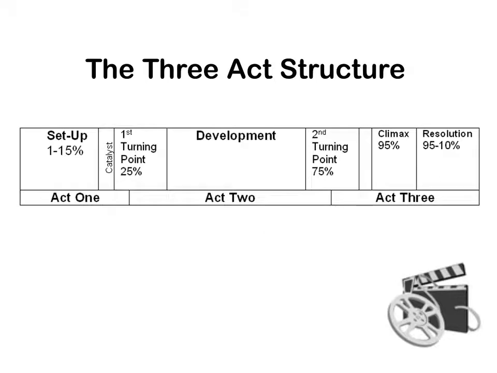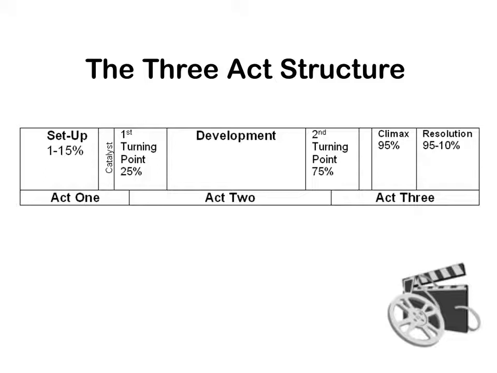Here we have a diagram which will help us understand narrative structure. Here we will introduce the three-act structure. As you can see here, we have Act 1, Act 2, and Act 3. In Act 1, we have the setup, the catalyst, and the beginning of the first turning point.